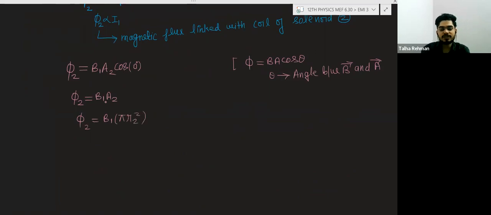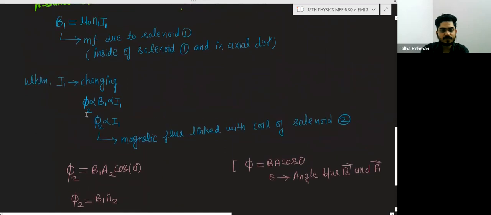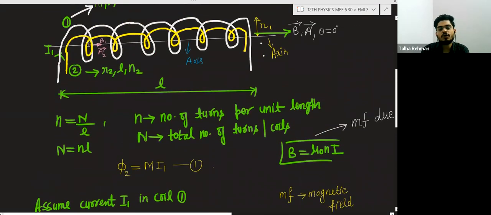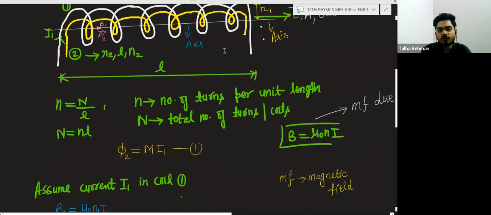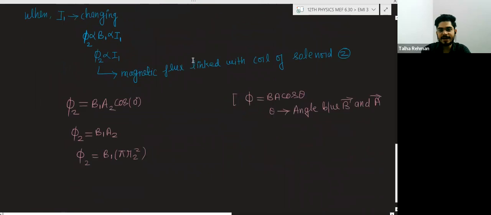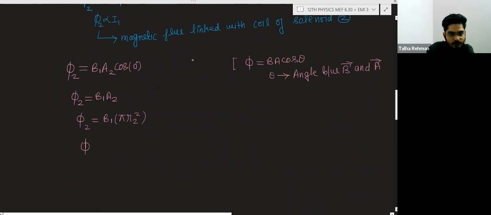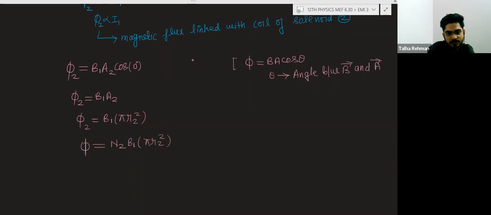Now this is the magnetic flux for one coil, and this solenoid has N2 number of coils. So for total flux, you will just multiply here N2, and this is B1, and this is pi R2 square.